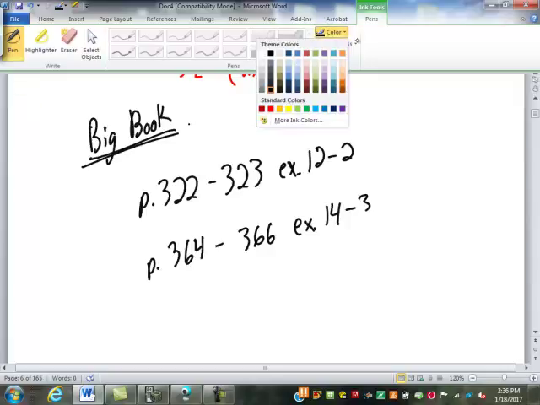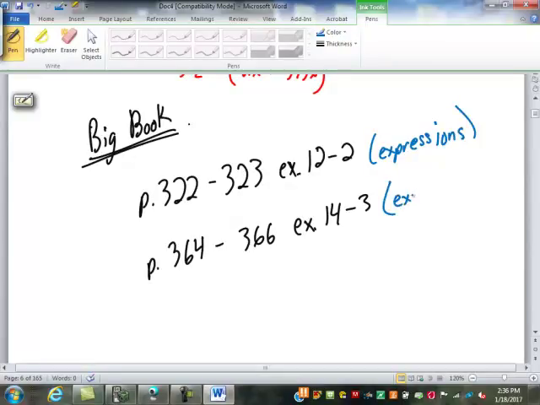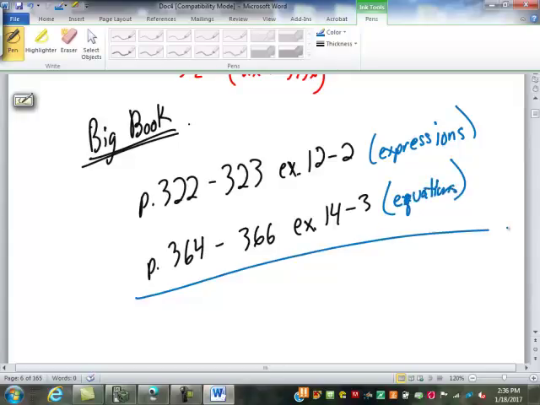So this one here is just expressions like x plus 7 or 3x minus 8 or whatever. The second one is actually equations. So I'll have you guys work on those for about 9 or 10 minutes or so. We'll take our break and then we'll lecture a little bit more.